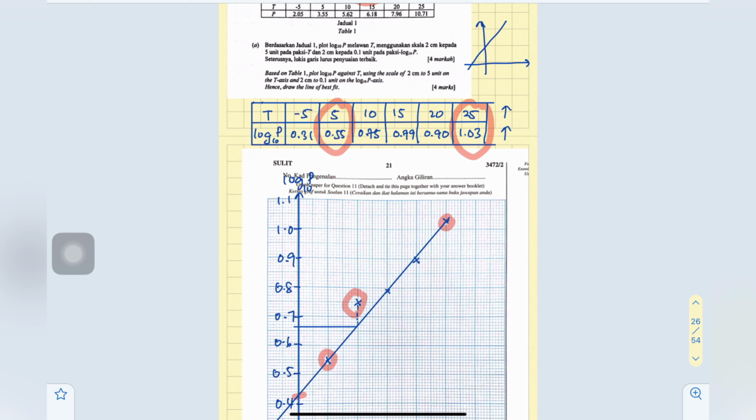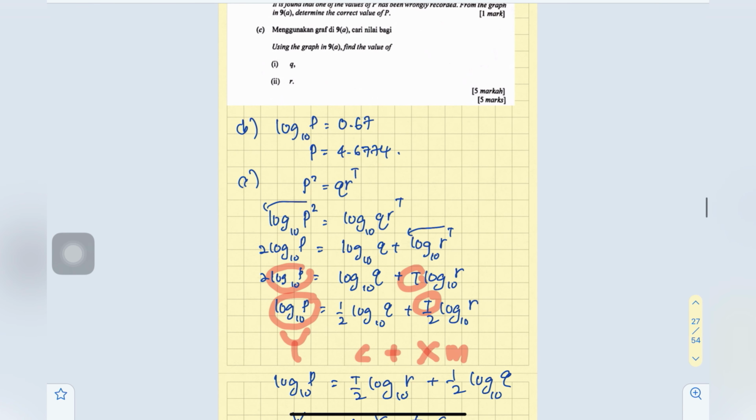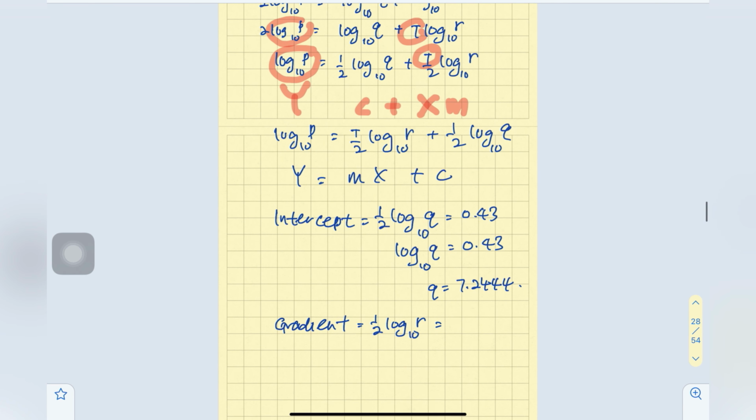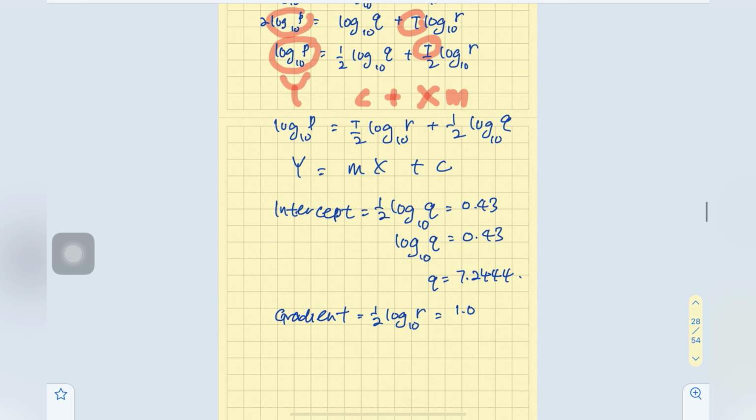So 1.03 minus 0.55 over 25 minus 5. Okay, so this one is 0.024.